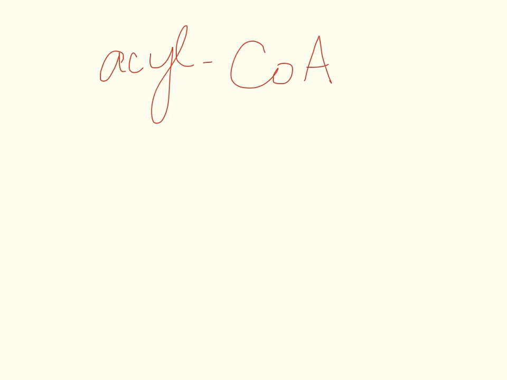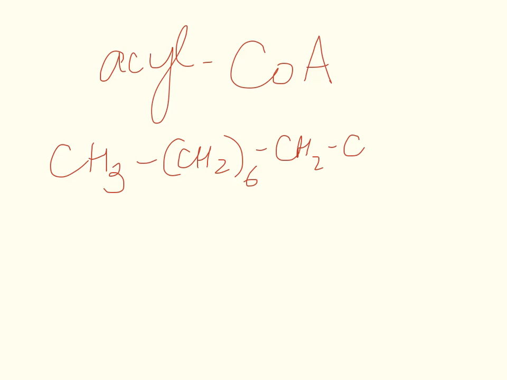So, if we had, say, capric acid, right? So, CH3, CH2, CH2, CH2, C double bond OH. If this acid reacted with coenzyme A, what we get is this part of the molecule changes to S coenzyme A, right?